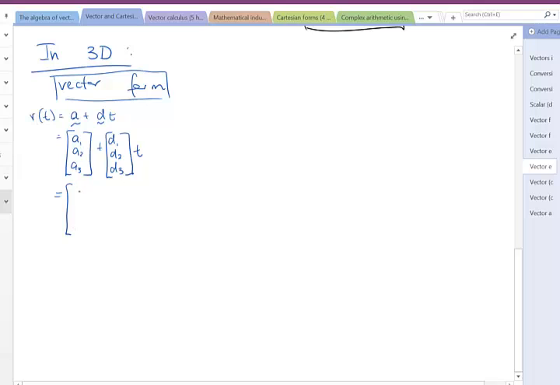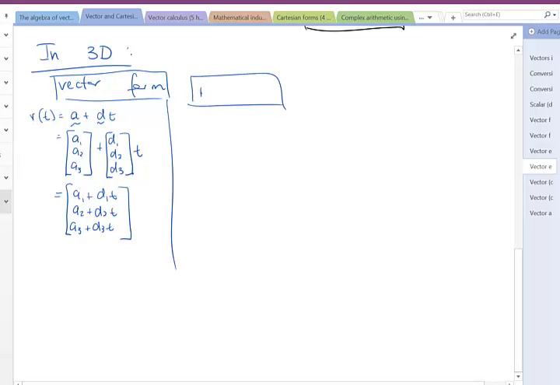And that means we end up with a1 plus d1t, a2 plus d2t, and a3 plus d3t. So there's our vector form.